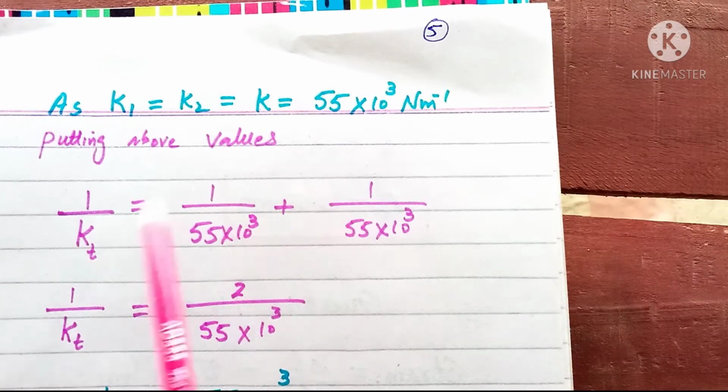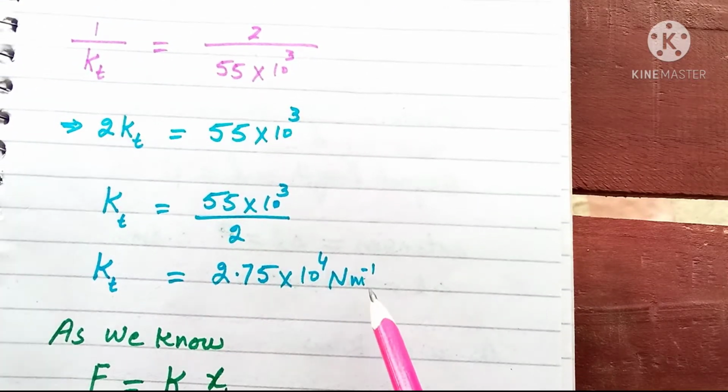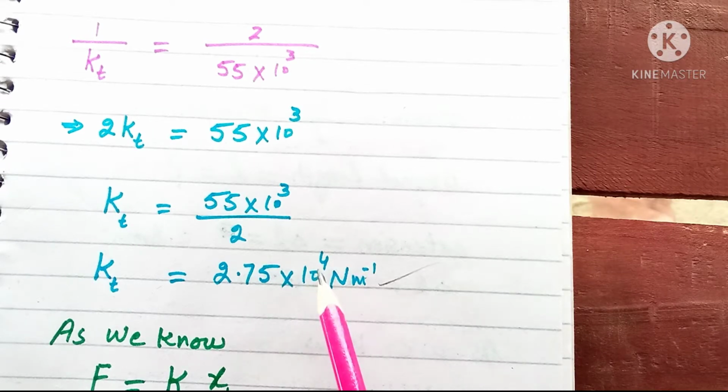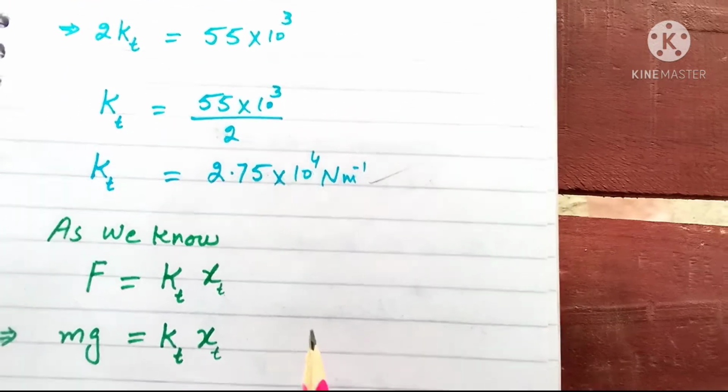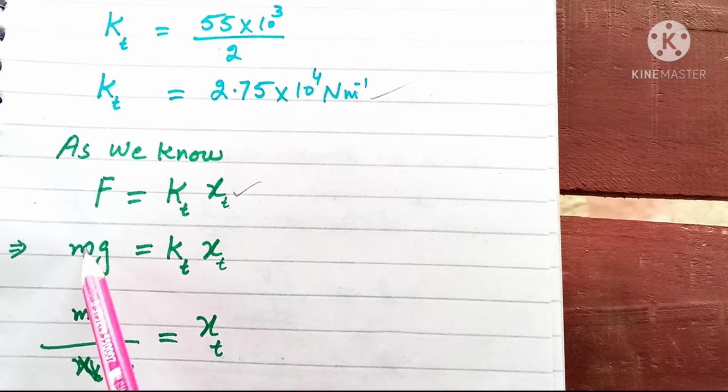After putting the values, we have the total spring constant kt is equal to 2.75 times 10 power 4. We have to find the total extension in the spring. As we know, F is equal to kt xt and F is equal to mg.